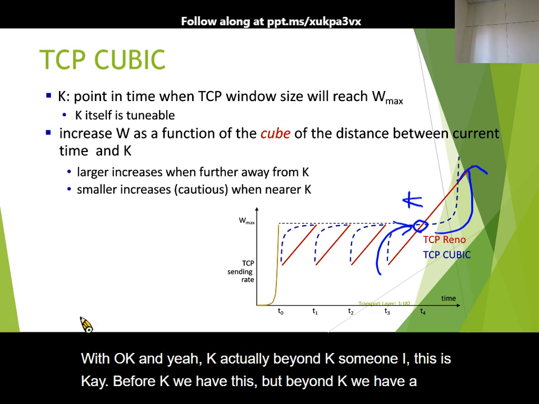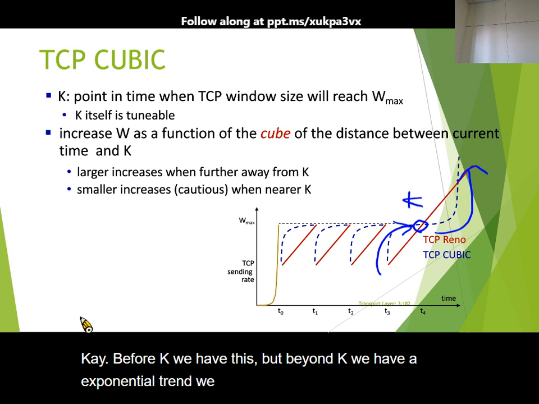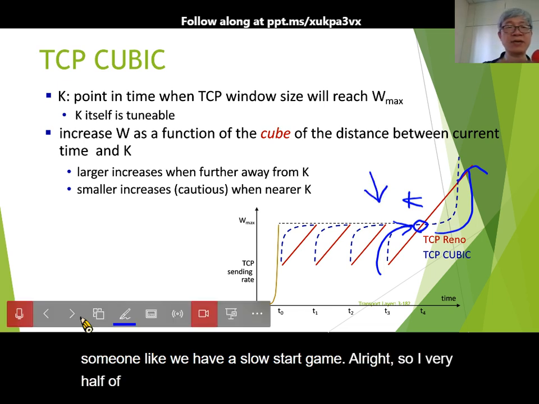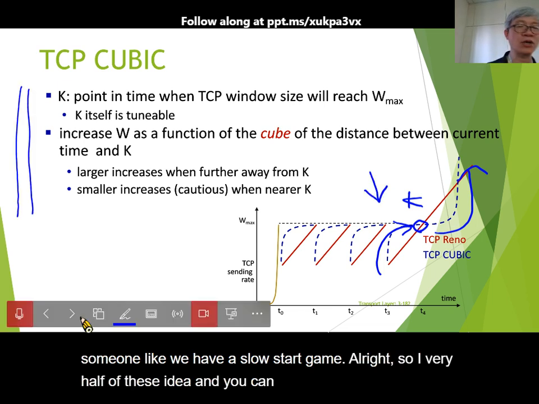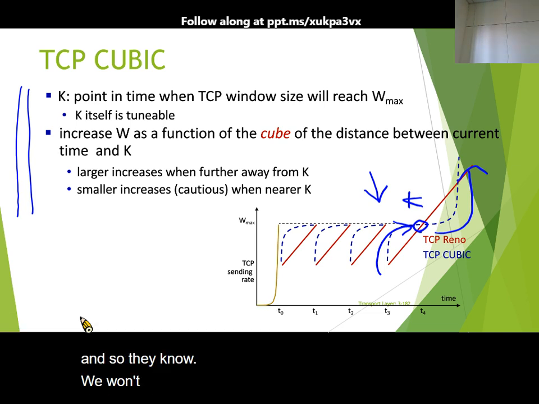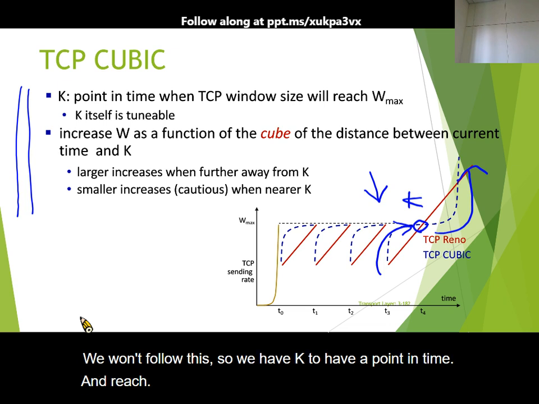Why beyond K do we have the exponential trend? Something like a slow start again. Alright, so there you have this idea, and you can check the description. We have K as a point in time to reach W max.